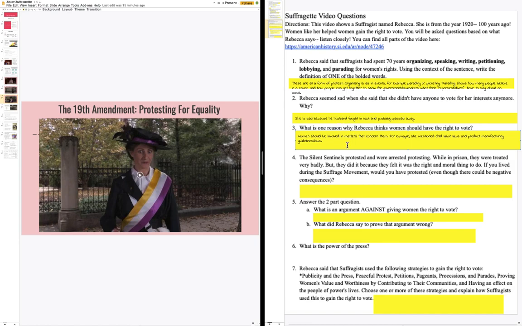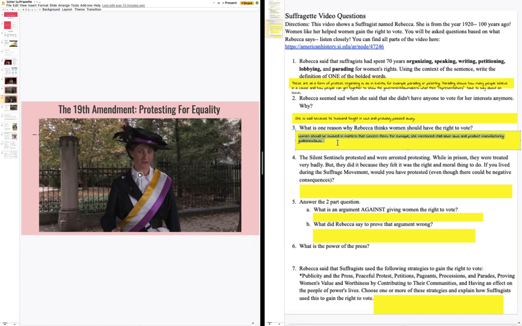So women were really worried about, again, having their interests protected. They wanted to know, hey, what is my life? I want to be able to control my life, right? I want to be able to say what laws I have to live by.